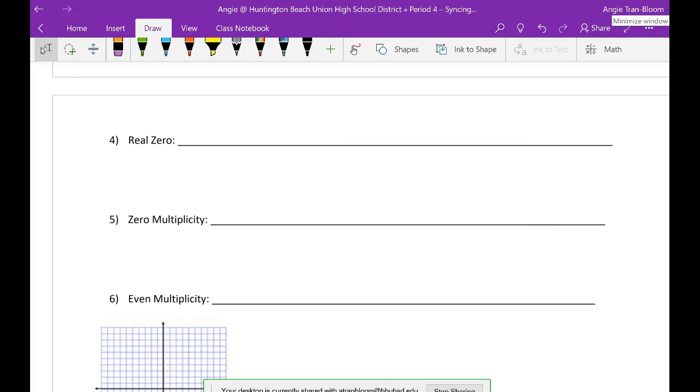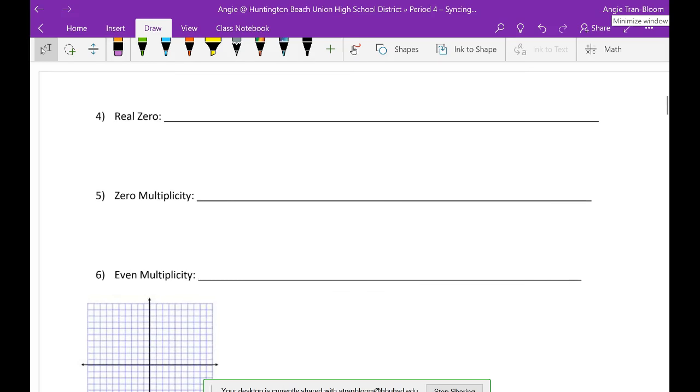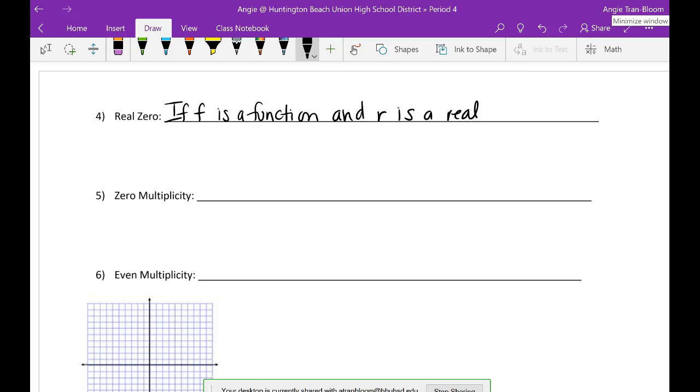So here we go. Real zero. And this is formally defined, and then we'll talk about non-formal. If f is a function and r is a real number, for f of r equals 0, okay?